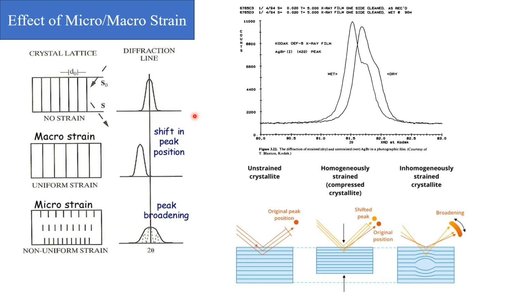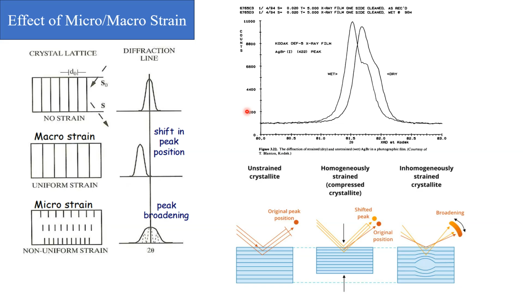But in non-uniform strain, there will be a mixture of compression and tensile stress in our specimen. So there will be no more preference for shift in peak position, and the peak will be shifted to the right and left position at the same time. So the peak broadening will be seen in the XRD pattern.